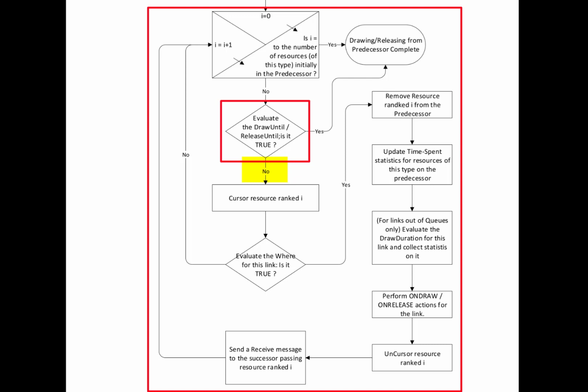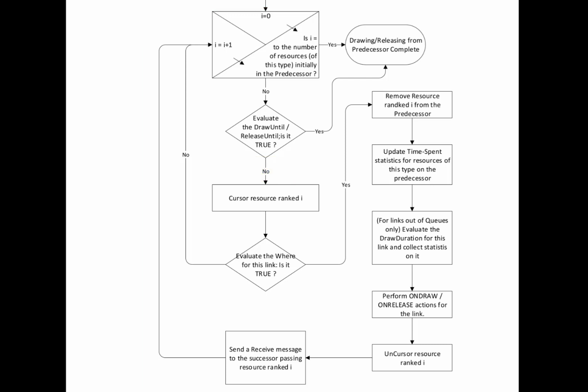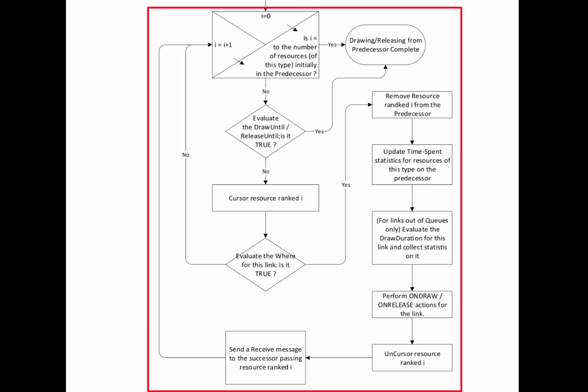If it reaches the end of the line, and the draw until or the release until have not been satisfied, and Stroboscope has run out of resources to either draw or release, then the drawing or releasing process from the predecessor is complete. The other case where the process is complete is where the draw until or the release until returns the value true.